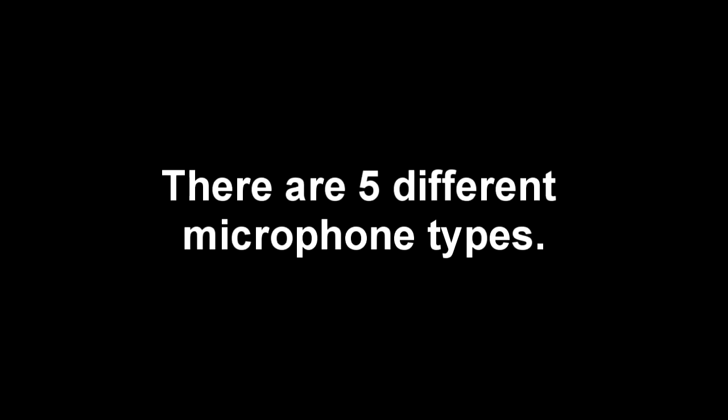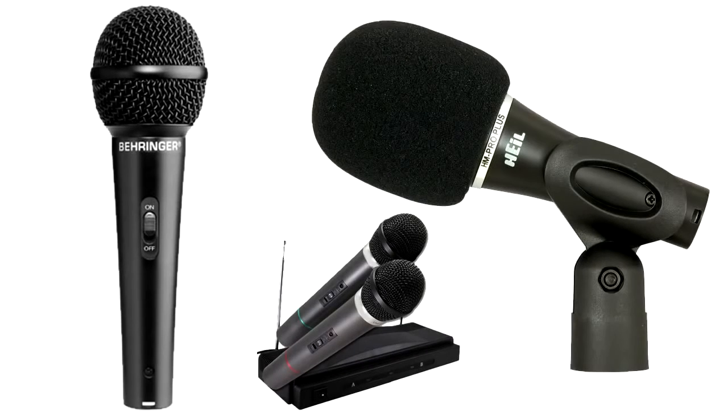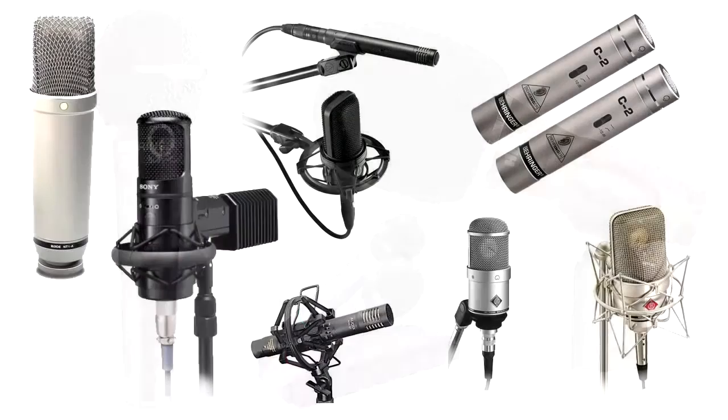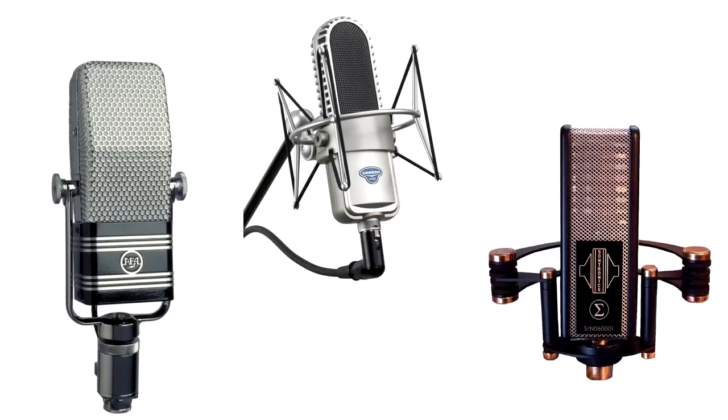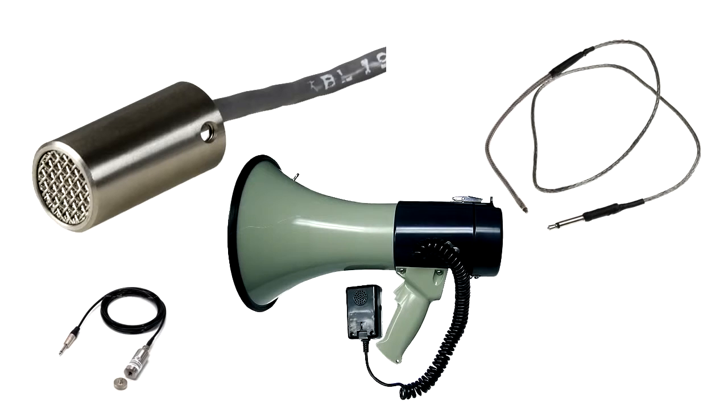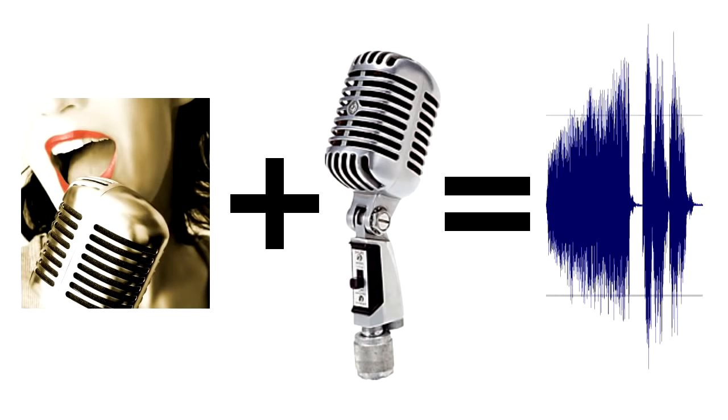You can summarize microphones into 5 different categories: dynamic microphones, condenser microphones, carbon microphones, ribbon microphones, and piezoelectric microphones. There is no real need at this stage to know how all of these work, or even what they are. I'm just making a point that there are several ways to change acoustic energy into electric energy, and they all give different results. So what should you buy?